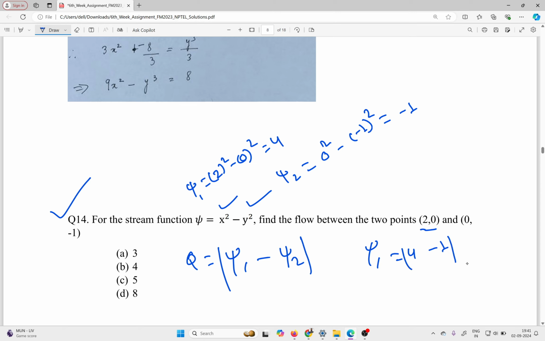Then 4 minus minus 1, so your flow is 5 unit.